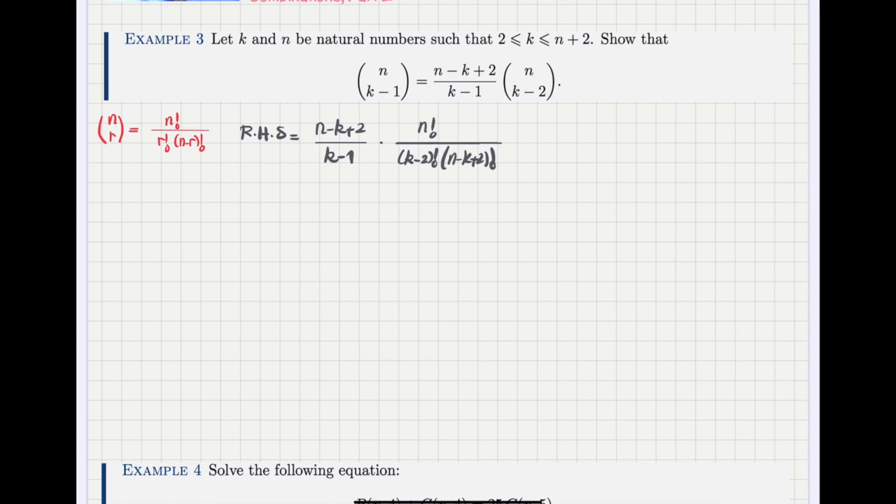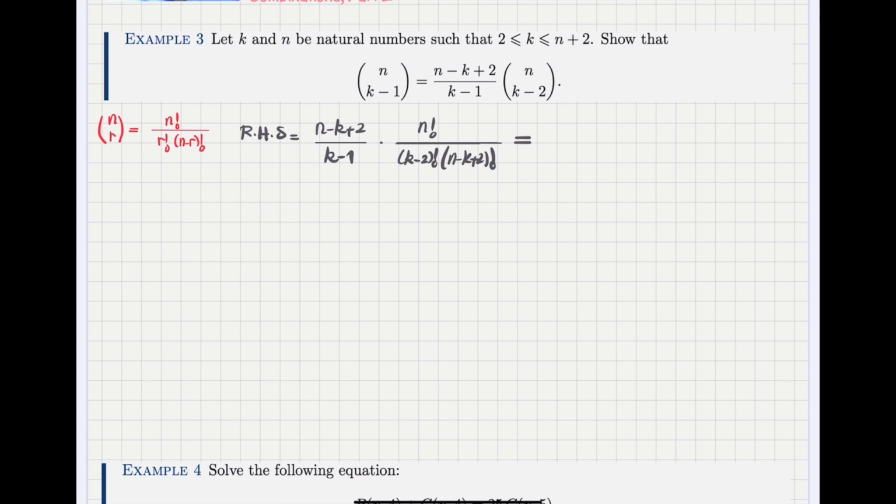Then we have to simplify this expression. I think it's not hard, you can come up with the answer yourself. It's actually much simpler than I thought, so it doesn't need that much space. On the right hand side, I need this n factorial, so let us not touch this one.